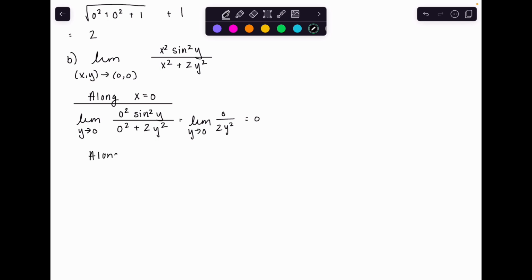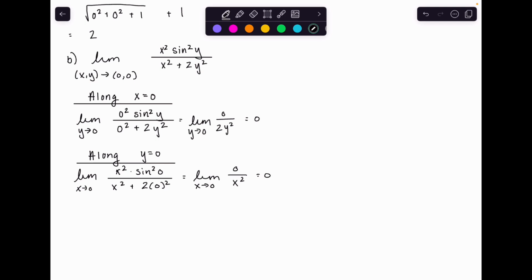If I try along y equals 0, so switching it up a little bit, this becomes the limit as x approaches 0, and then anywhere I see a y, it's going to get replaced by 0. And sine of 0 is 0, so this becomes 0 over x squared, and same thing, I end up with 0.